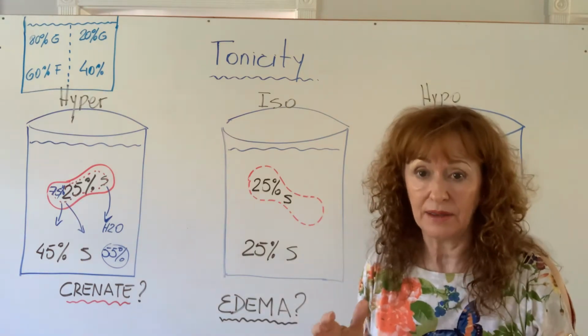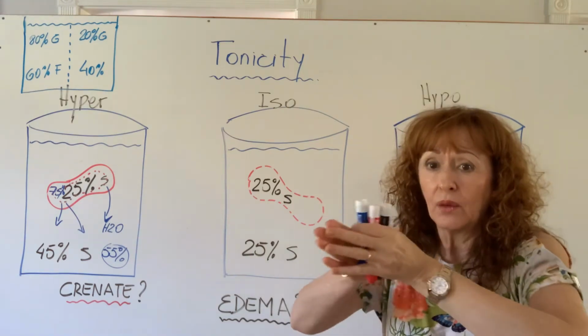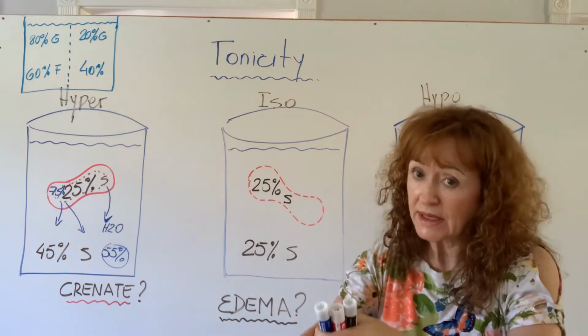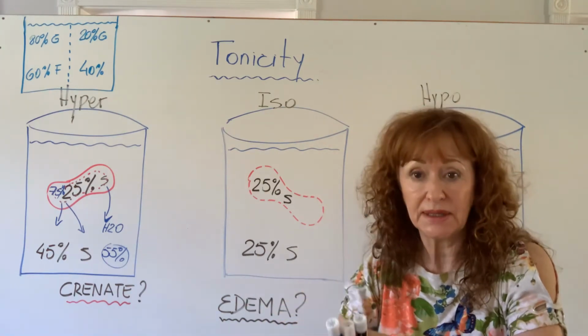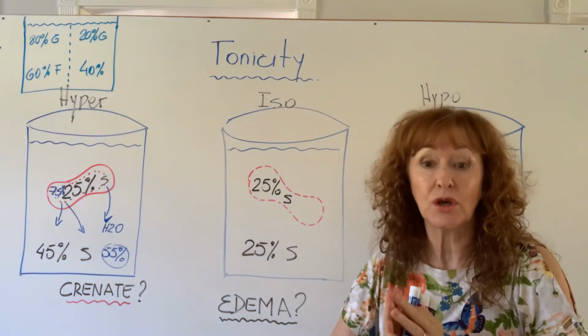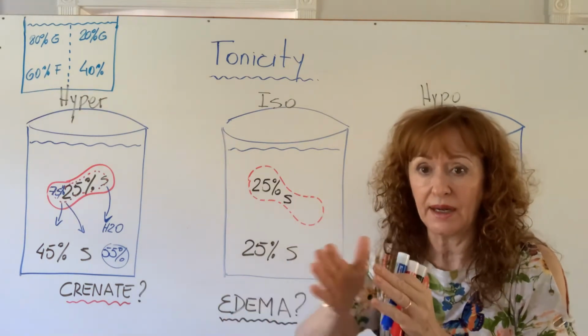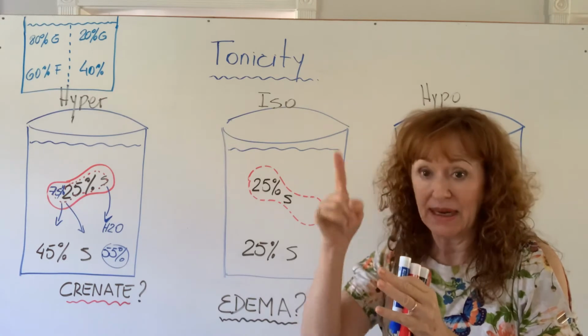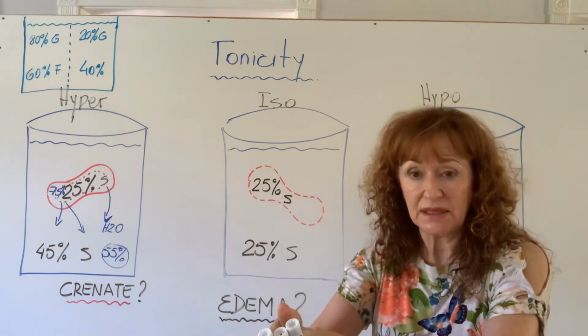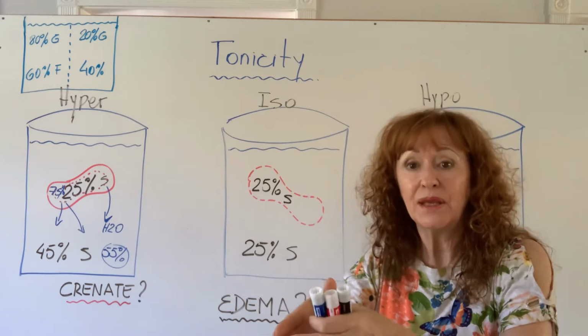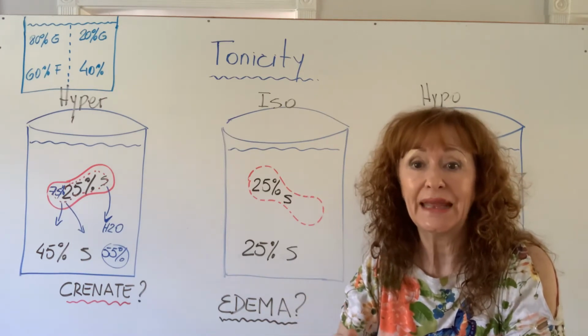With this scenario, water will always move blindly towards the areas of higher concentration of solute. So we are losing water from the capillaries and the entire bloodstream into the extracellular fluid, and because of that they produce edema.